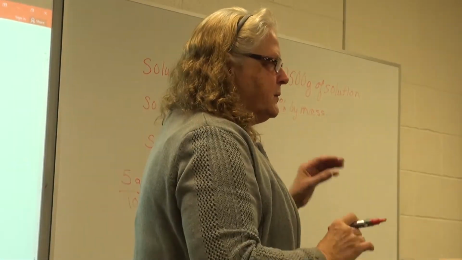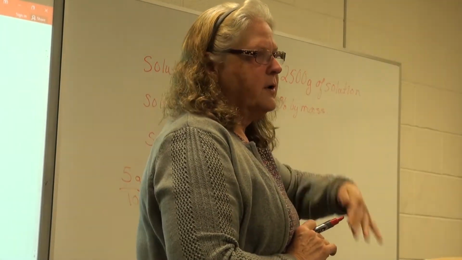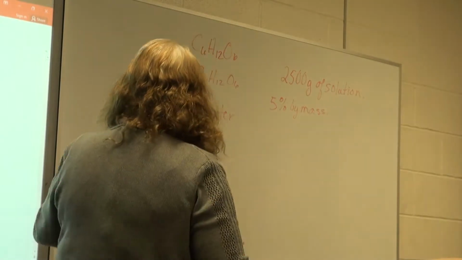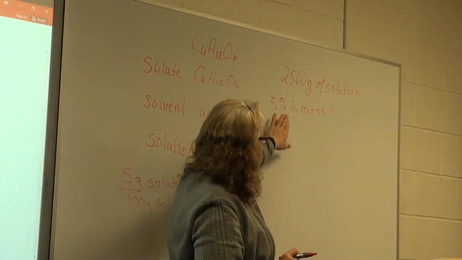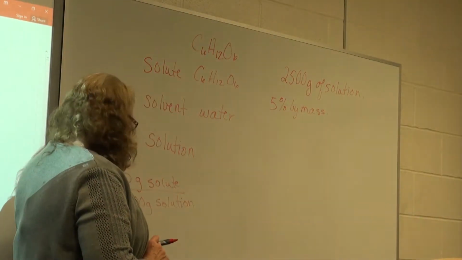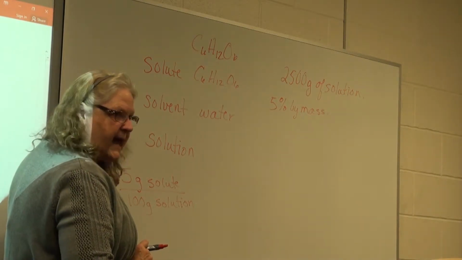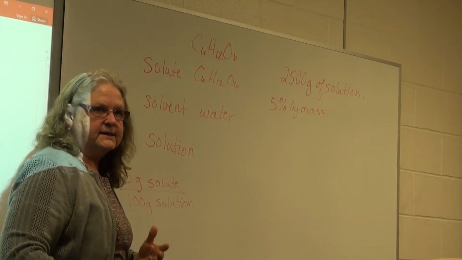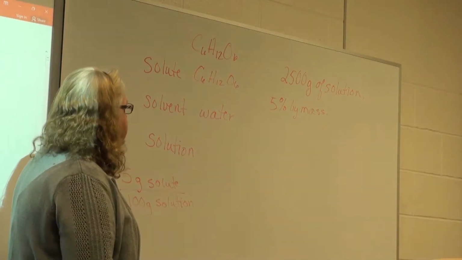Percent by mass is part over whole. It's solute over solution, both in grams. Whatever the percentage is, it's that many grams of solute for 100 grams of solution. That's what the percent is telling me. It's per 100.